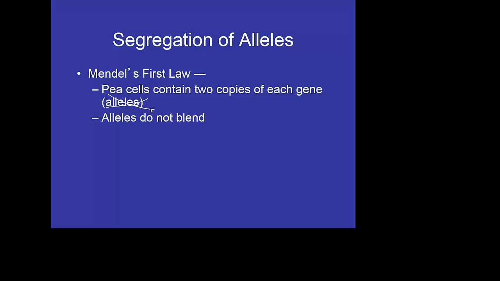Okay? He knew nothing of genes or chromosomes or alleles, but what he did know is that two copies of something were being inherited from the parents. And depending on which copies were inherited, this could mask what was going on in his plants. So we talked briefly about the idea of dominant and recessive genes.